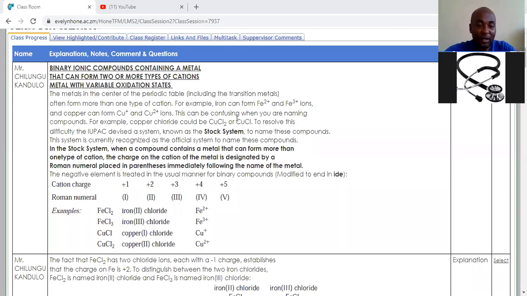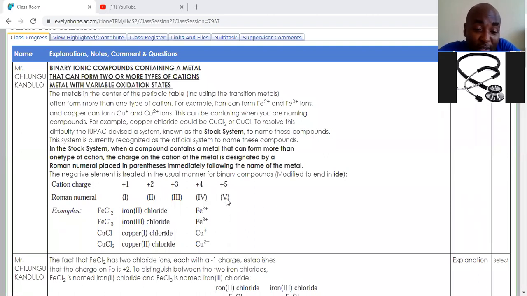So remember, write the Roman numerals like that: 1 is I in caps, 2 is double I in caps, 3 is triple I in caps. Then 4 is IV, then 5 is V, and so on.